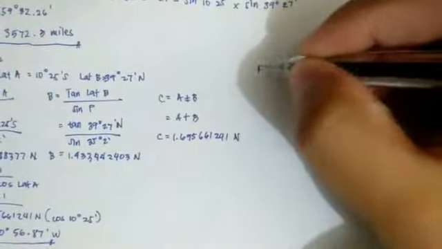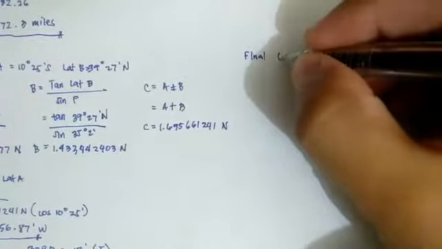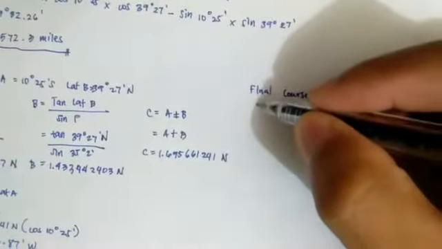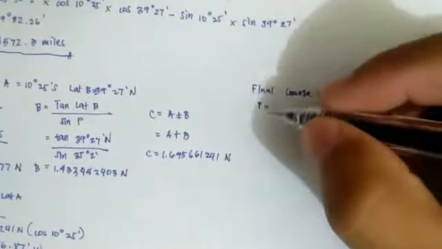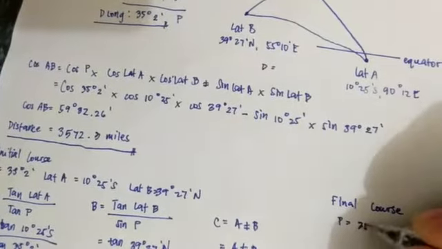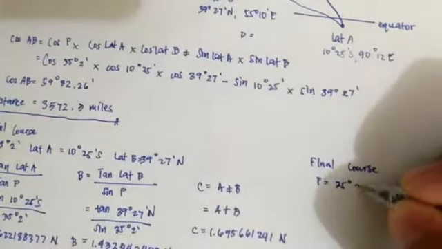So we already have our true initial course. Next, we need to find our final course. So we need to input again the needed values, which is P.R.D. long 35 degrees and 2 minutes.